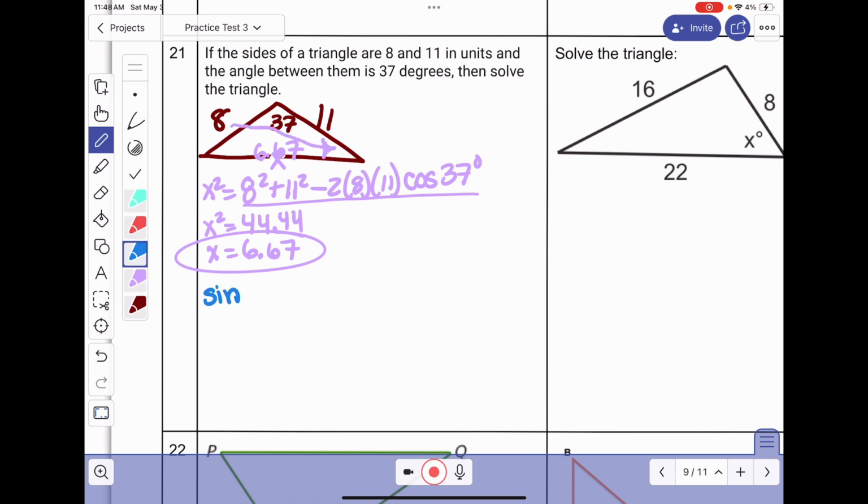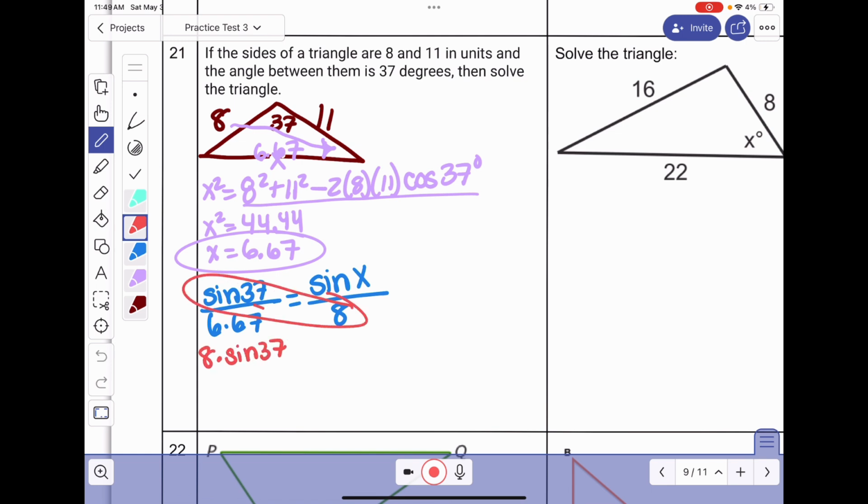So sine of 37 over 6.67 equals sine of our angle over 8. So we cross multiply. So 8 times sine 37 divided by what we know equals sine of x.